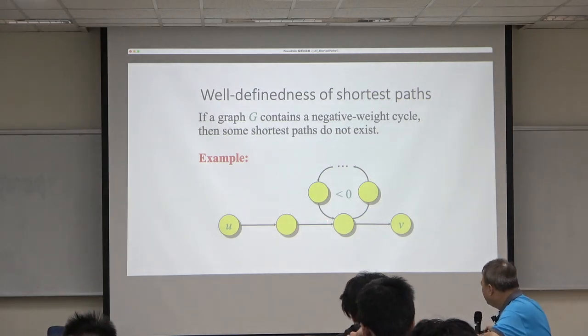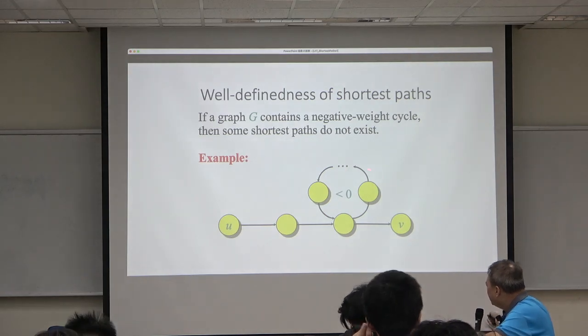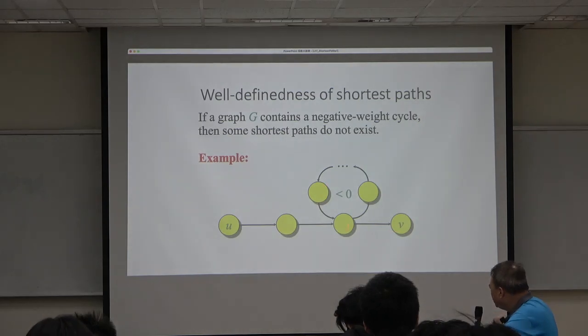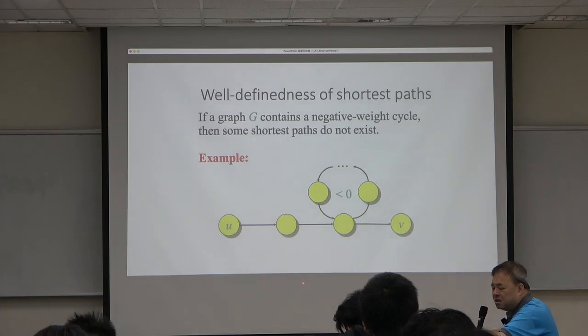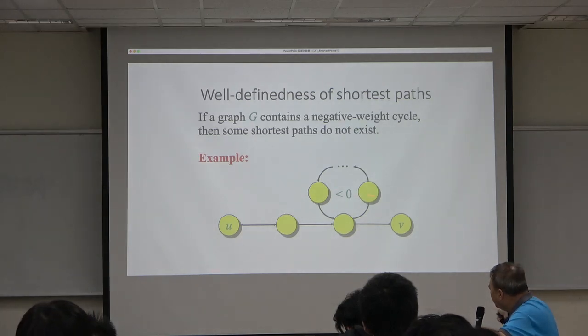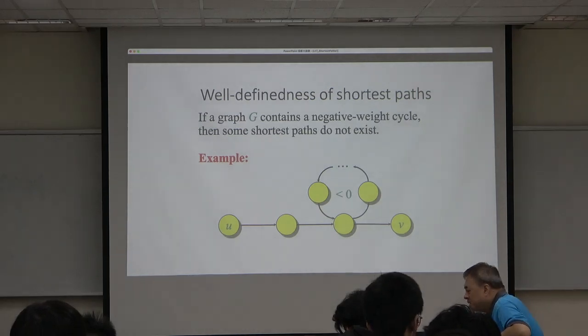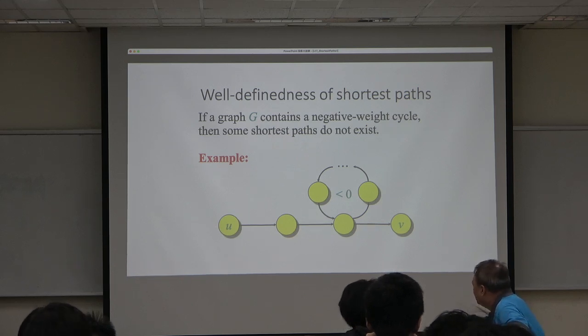Say every time you go through the loop the path weight is reduced by 1, then you could go to negative infinity. So in a case like this, if a graph contains a negative weight cycle, some shortest paths do not exist.